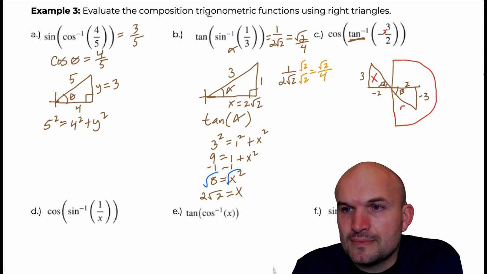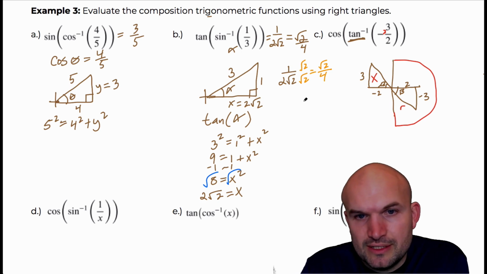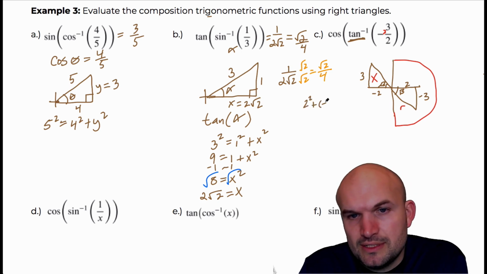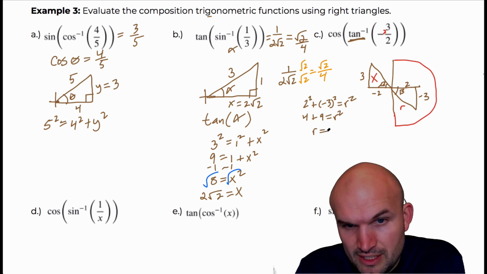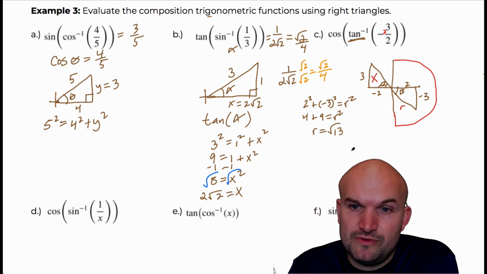So in this case, we are going to take 2 squared plus -3 squared, and then equals r squared. So we have 4 plus 9 equals r squared, and then r is always going to be the positive, so that'd be the square root of 13.